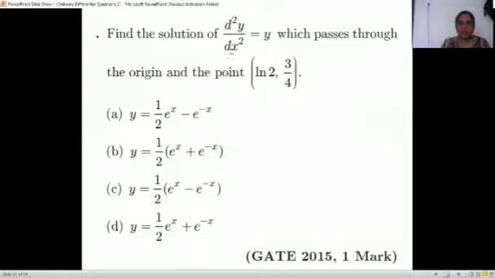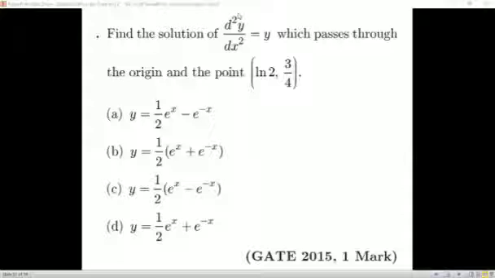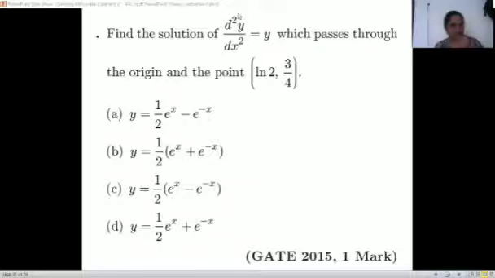This is D² − 1 = 0. So what are the roots?